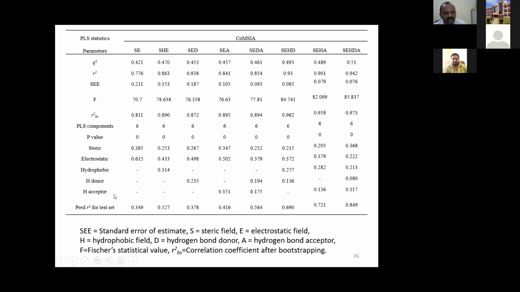So now you can see that once the model has been identified, then we can predict the test set compounds, and for the predicted test set compounds also we can find out the R square value. Okay, that means if you have some 5 compounds, or in this case 11 compounds in the test set, if you predict their activity and plot it as a regression line, and find out the correlation coefficient of the predicted and the actual, that is the predictive R-square for the test set.